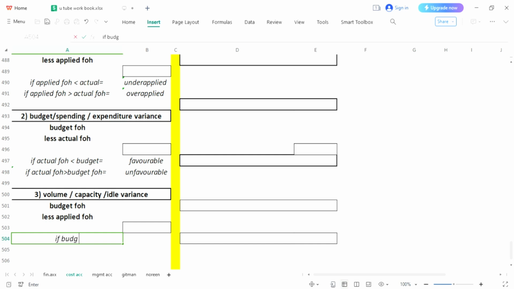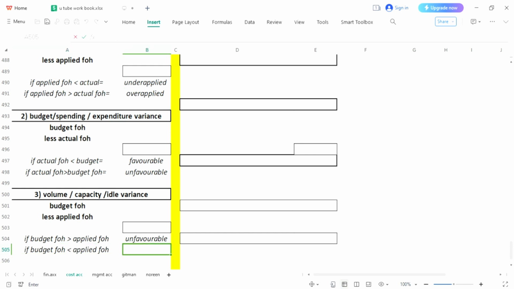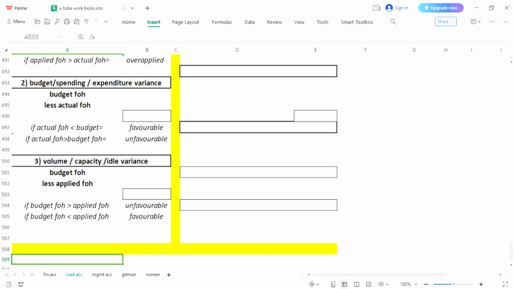So if your budget FOH is more than applied, whenever you are arranging more, it would go unfavorable for you. Contrary to above, if budget FOH is less than applied, it means you are arranging less amount. It would be favorable for you.